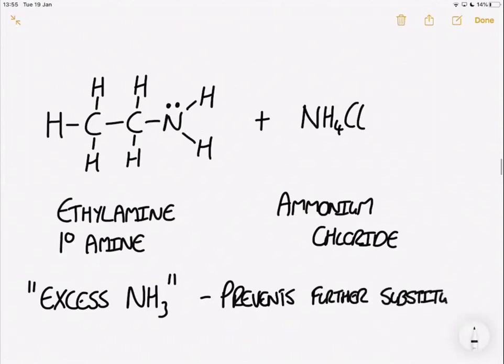We call it preventing further substitutions, right? So in order to stop any of the ethylamine that was formed as a product in the first step from then going back and reacting with the chloroethane, you're supposed to use an excess of ammonia and limit the amount of chloroethane, okay? Obviously, this is a bit of a random and difficult to control process, but the idea is that you try and mitigate it, you try and make it better by using an excess of ammonia.